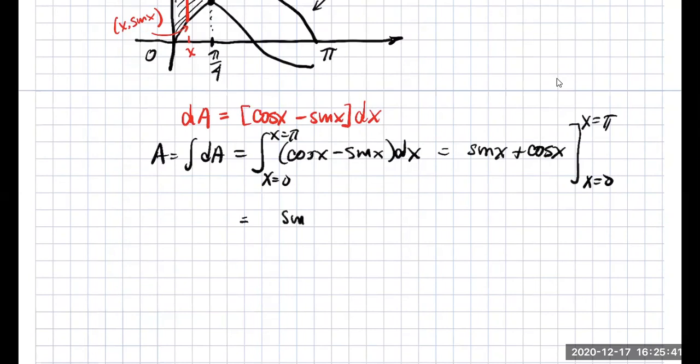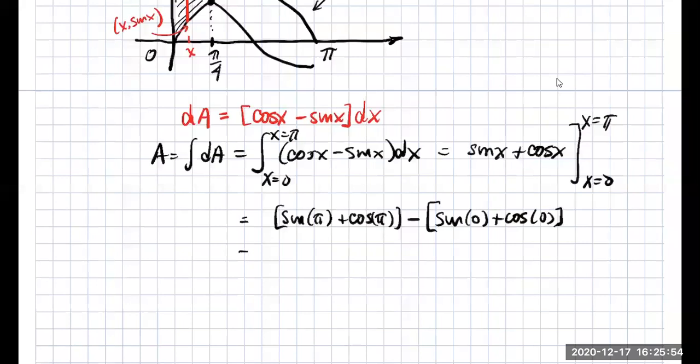So we're going to have the sine of pi plus the cosine of pi, and then minus the sine of 0 plus the cosine of 0. And then we simplify. All right, let's see. Sine of pi is equal to 0, so the first one drops out. Cosine of pi is -1.